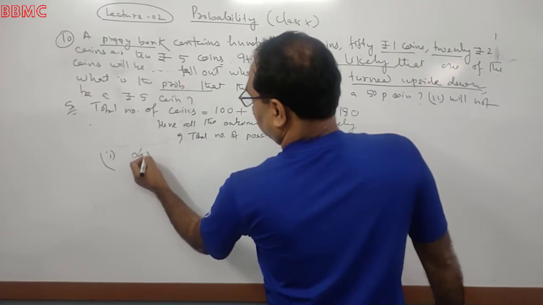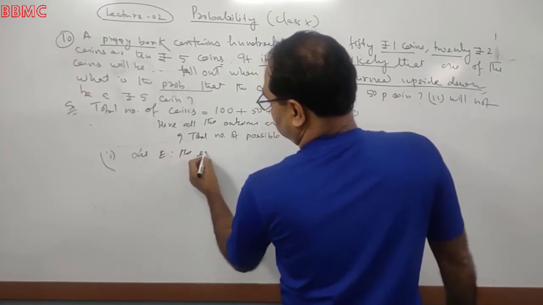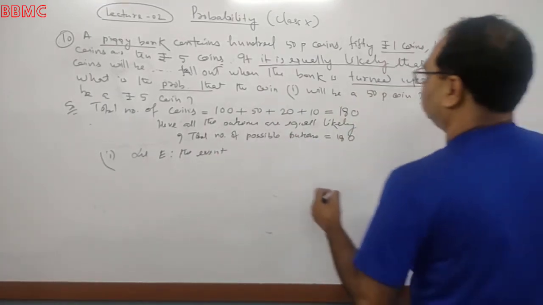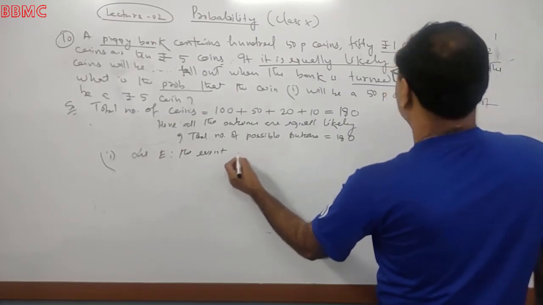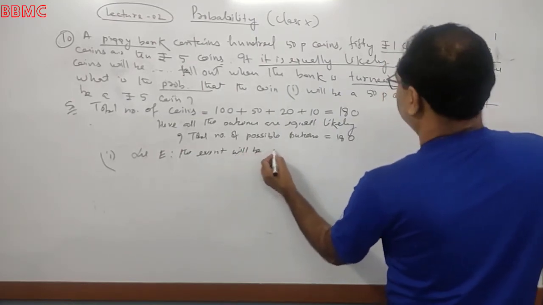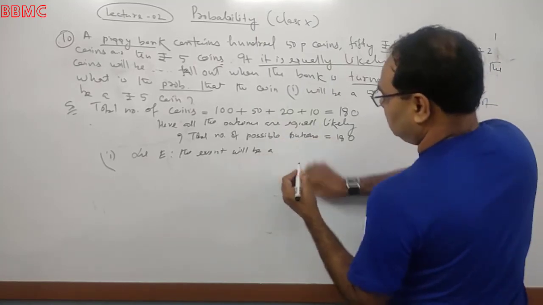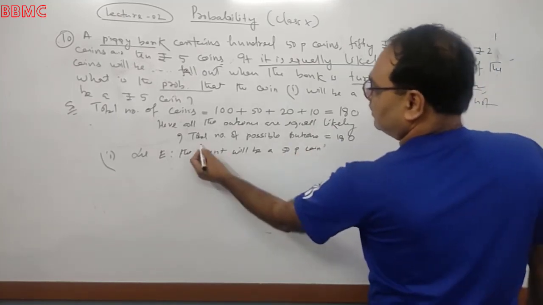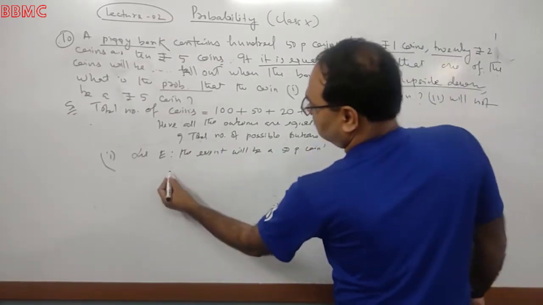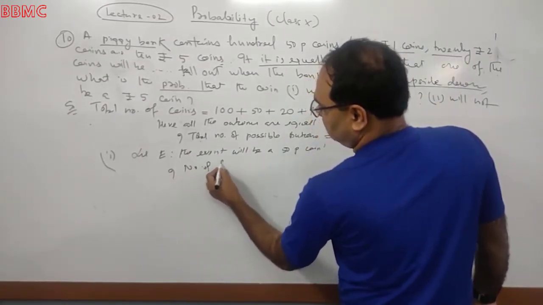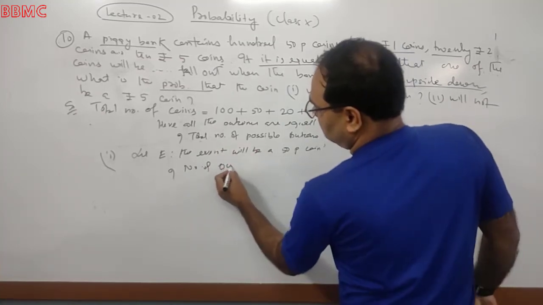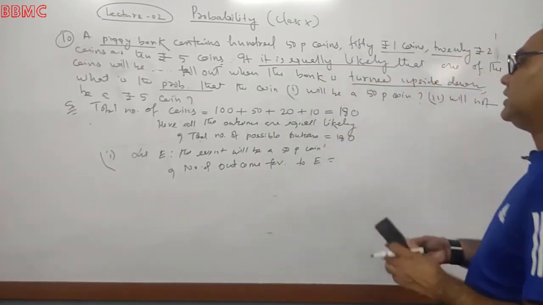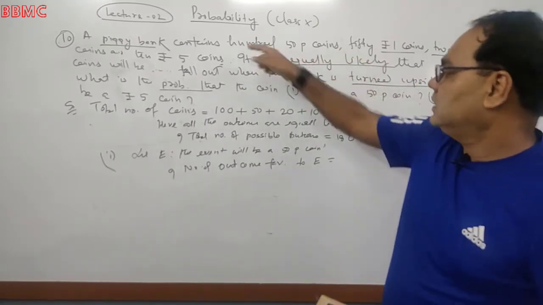Let E be the event that the coin will be a 50 paise coin. This implies the number of outcomes favorable to E, the 50 paise coins, is 100.